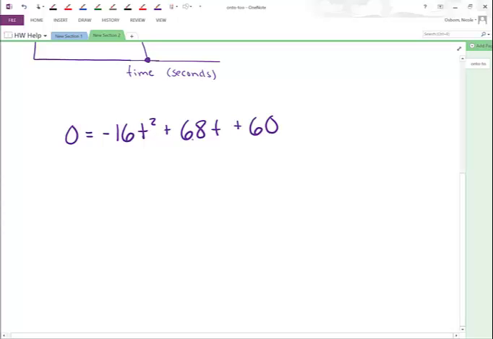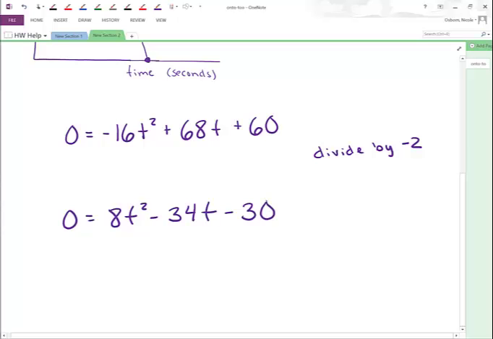If you look, you can see that all of these values, the negative 16, the 68, and the 60, are all even numbers. So we know at the very least we can divide by 2. However, I would like the coefficient in front of my t squared to be positive. So what I'm going to do is divide by negative 2. When I do that, that gives me 0 is equal to 8t squared minus 34t minus 30.